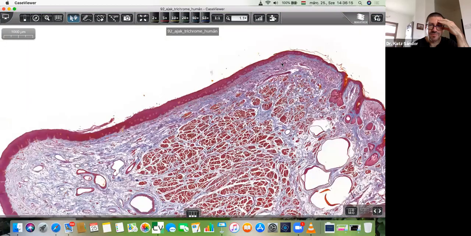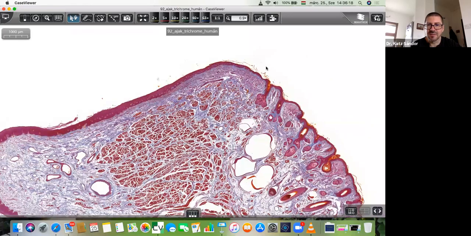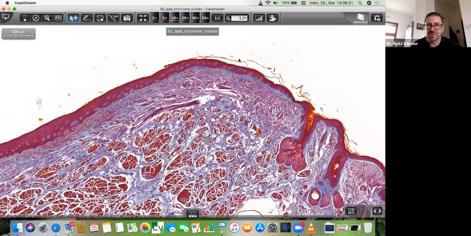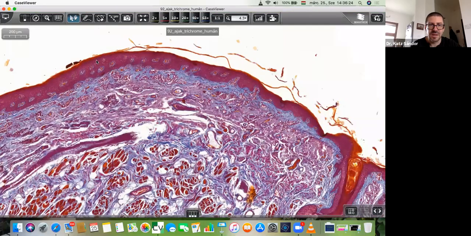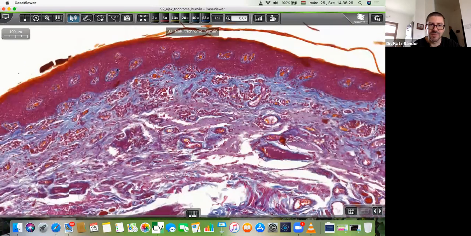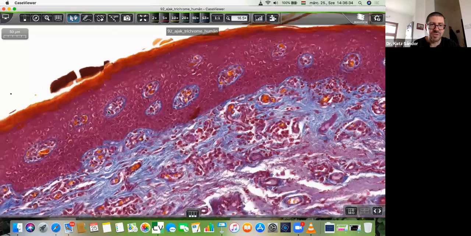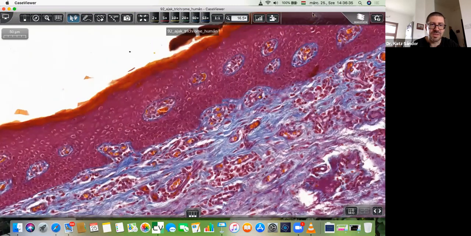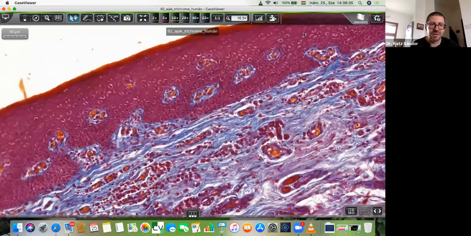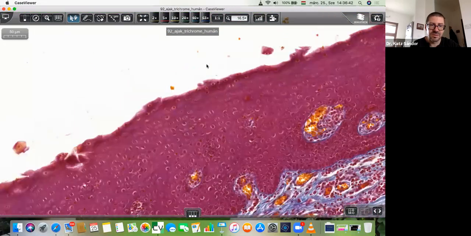At the top we can see the detached keratin layers, and it's a thicker area. Here we have more or less normal thickness of keratin layer, but going toward the posterior side, it's getting thinner and thinner.